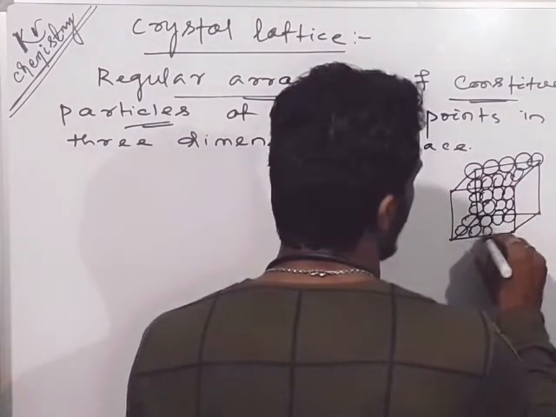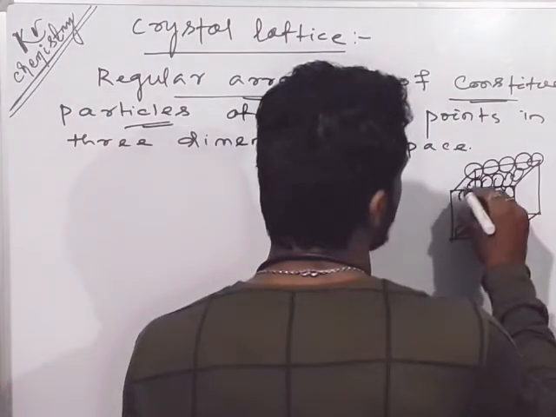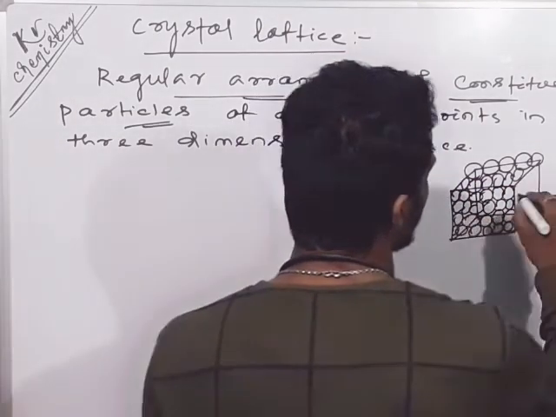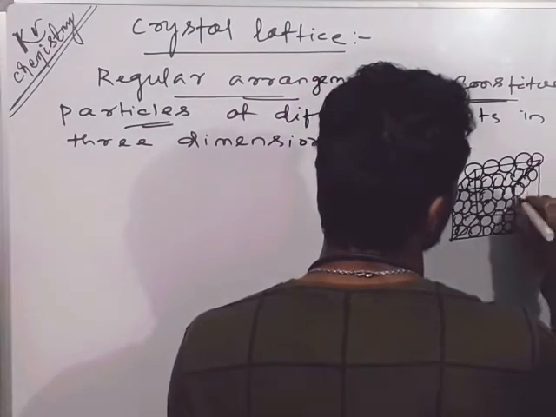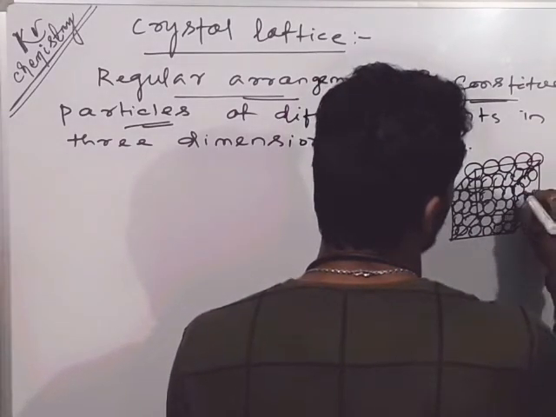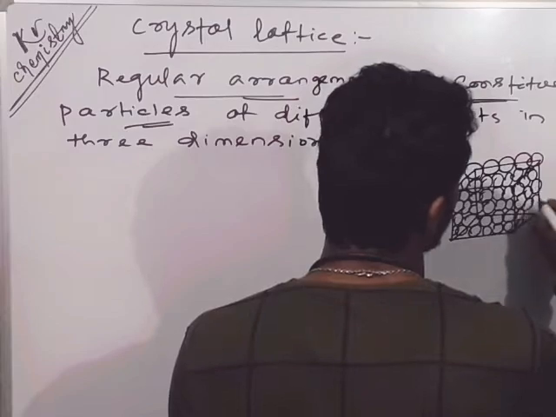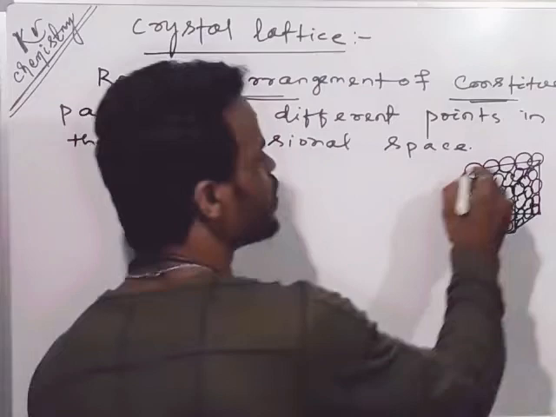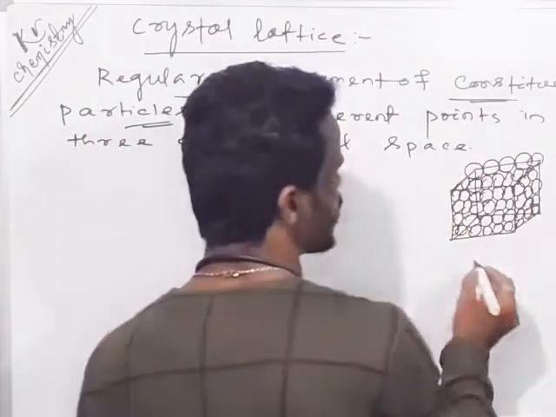Those are known as a crystal lattice. This is a regular arrangement of particles in three-dimensional space. So this cube is known as a crystal lattice.